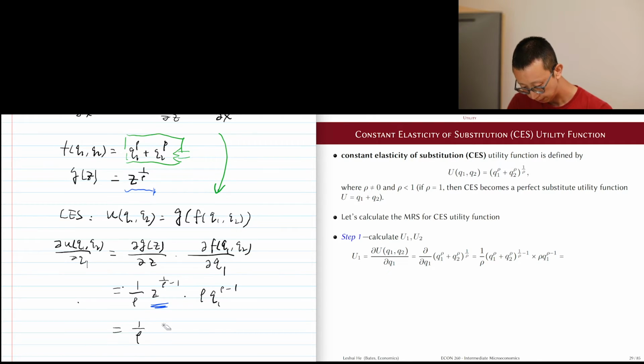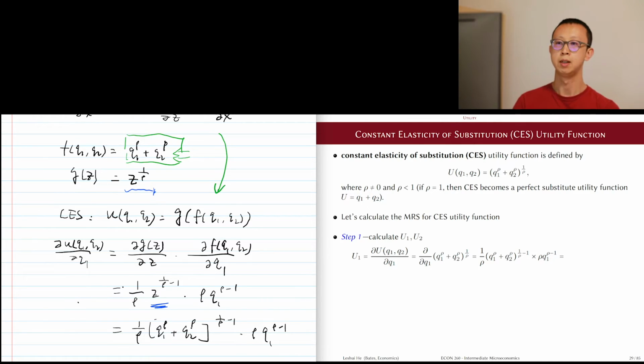Well, it is just f of q1 and q2 raised to the power of 1 over rho minus 1. But what is f? Well, it is simply q1 to the power of rho plus q2 to the power of rho. And now we have it. This is exactly the expression we have here on the right.